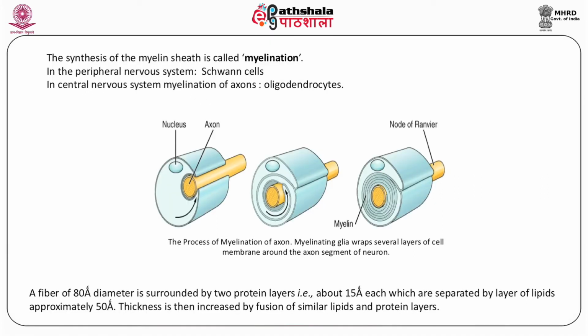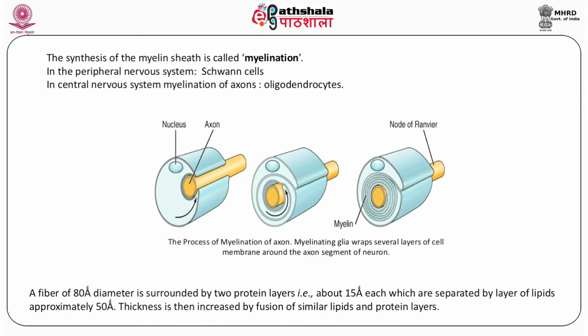The synthesis of the myelin sheath is generally called myelination. In the peripheral nervous system, the Schwann cells are responsible for synthesis of myelin, and in the central nervous system, myelination of axons is done with the help of oligodendrocytes. A fiber of say 80 angstroms is surrounded by two protein layers of around 15 angstroms, which are separated by a lipid layer of approximately 50 angstroms.